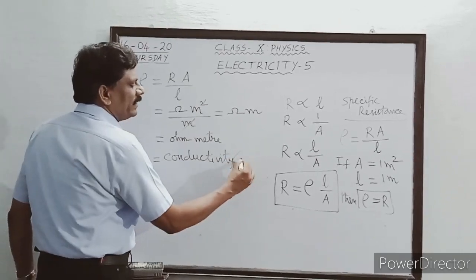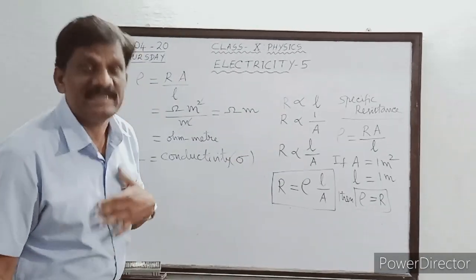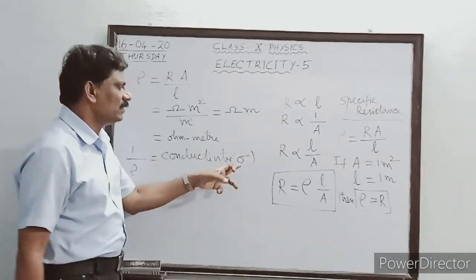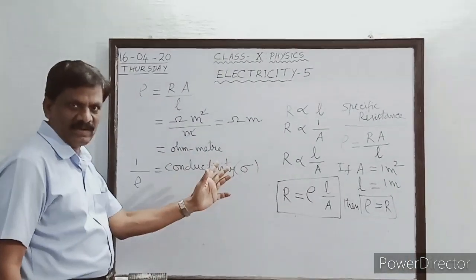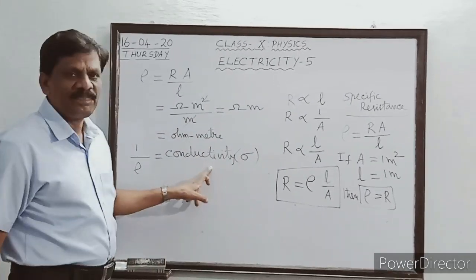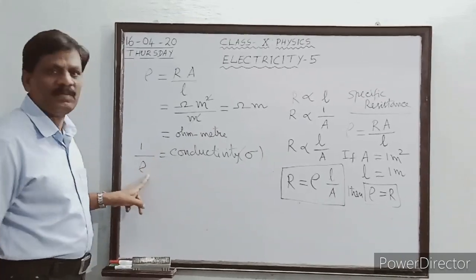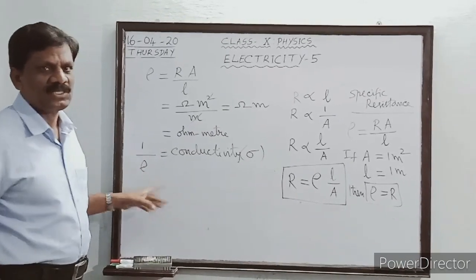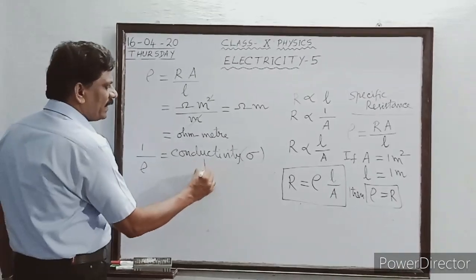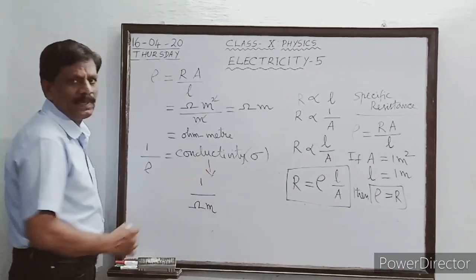The conductivity is having a symbol sigma. Tell me, sigma. Good. So this is like a horizontal 6. Anyhow, sigma means what? Electrical conductivity. How do you define? It is a reciprocal of resistivity. So naturally, the unit of conductivity must be equal to what? 1 divided by ohm meter.